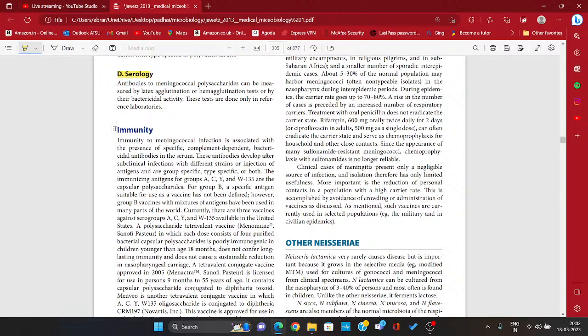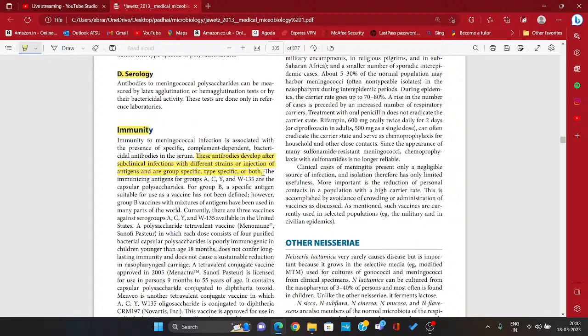Immunity. Immunity to meningococcal infection is associated with the presence of specific complement-dependent bactericidal antibodies in the serum. These antibodies develop after subclinical infection with different strains or injection of antigens and are group specific, type specific, or both.